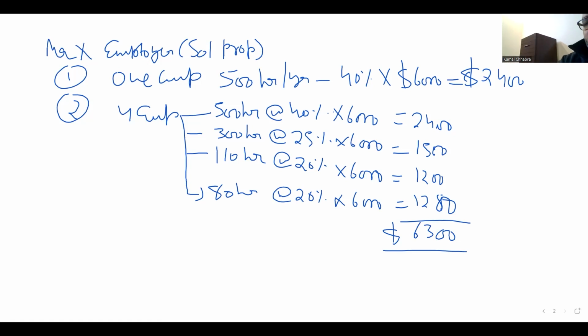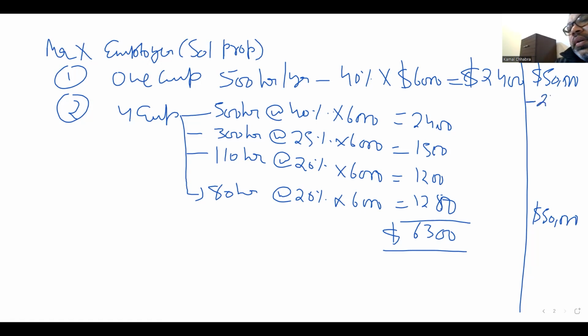Whereas my salary cost, let's say, is $50,000. So then I need to reduce 2,400 from salary cost. Then I need to reduce 6,300 from salary expense.